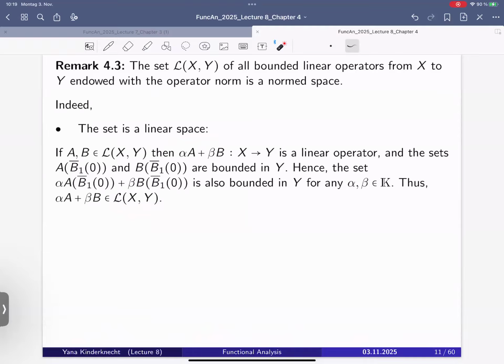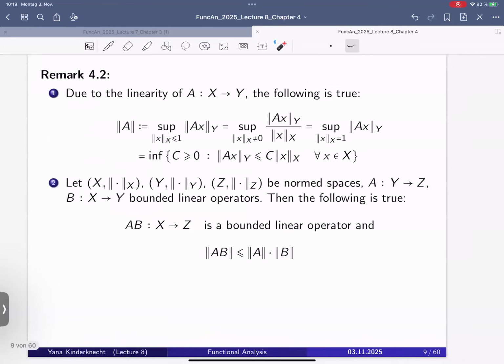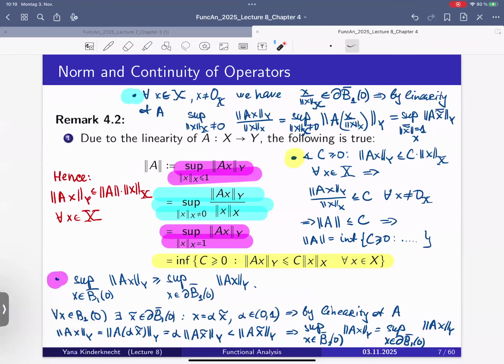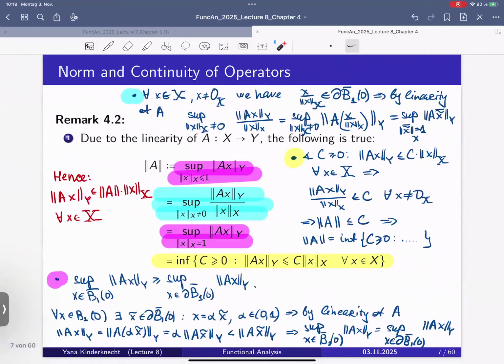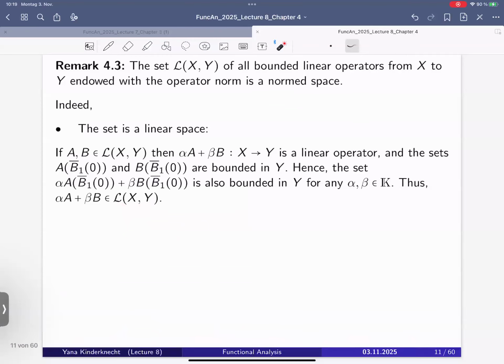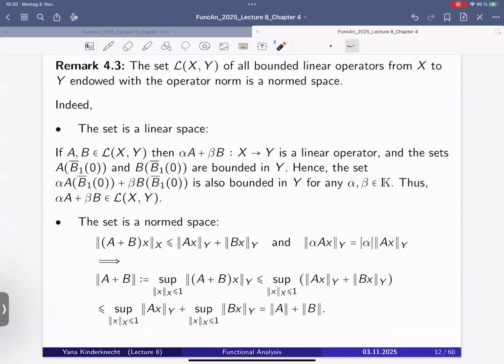Now concerning the normed space, we have to show that the operator norm is really a norm. Before, it was just a definition: we defined an object like this and called it the operator norm. Now let us show that it's really a norm. Since X is a normed space, this norm in X is a norm. The norm in Y is also a norm. This we know.